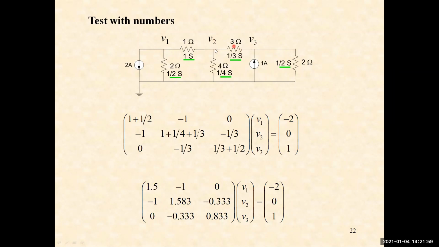Understood? 3 2, 1/3, only one element, mutual element. And then 3 3, this element and this element, 1/3 plus 1/2. It's clear. V1, V2, V3, this is the voltage matrix. And in the current matrix, leaving there's a -2, entering 1. And there is no current source across 2, that's why 0. Understood?